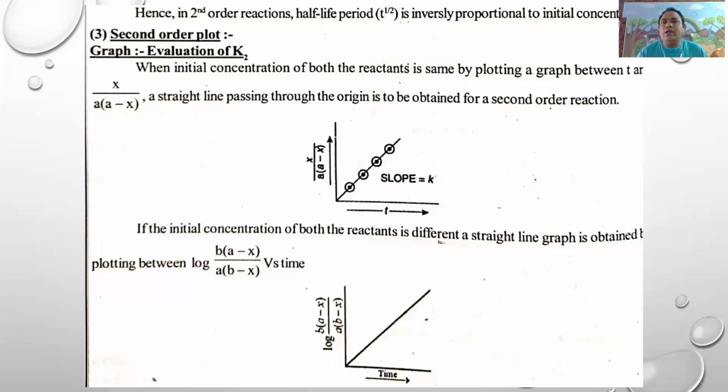We obtain 93.75% of products at the time the concentration of reactants is 6.25. The time required, t 93.75, equals 4 t half.